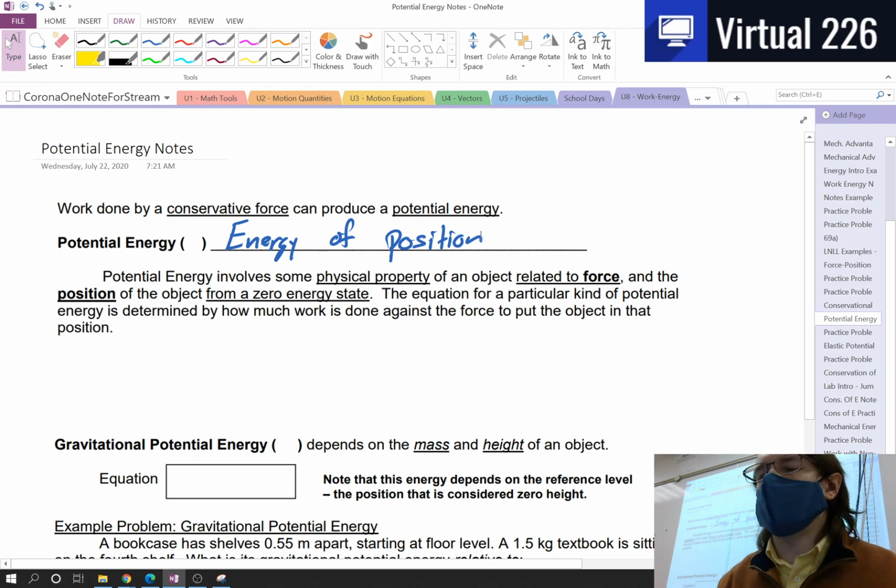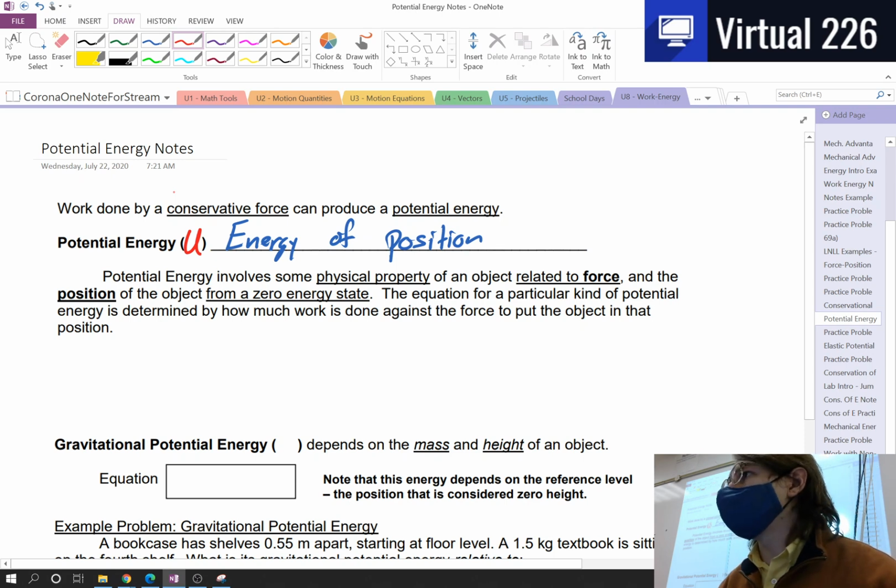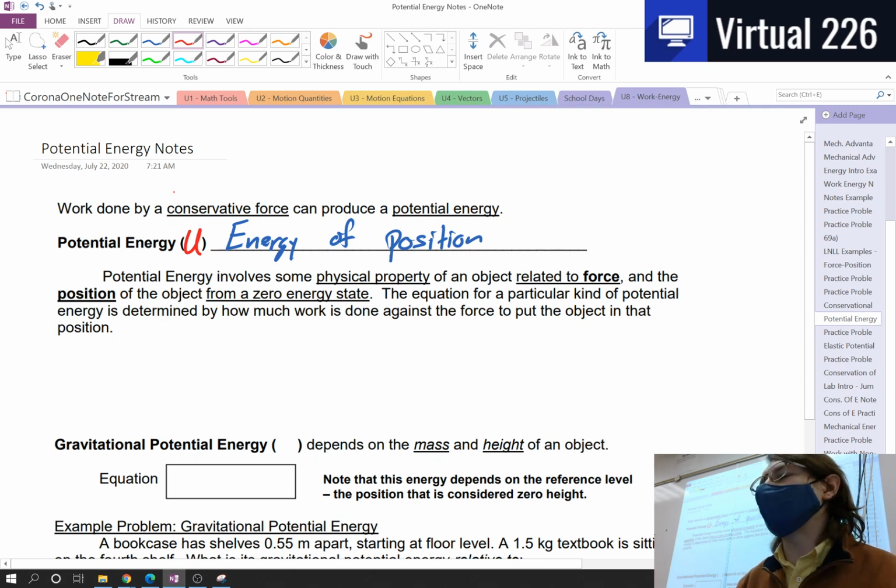That's what matters. And this is kind of weird, but our symbol that we're going to use for potential energy in the world of physics is actually a capital U. I know that doesn't make a lick of sense, but we use a capital U in physics.